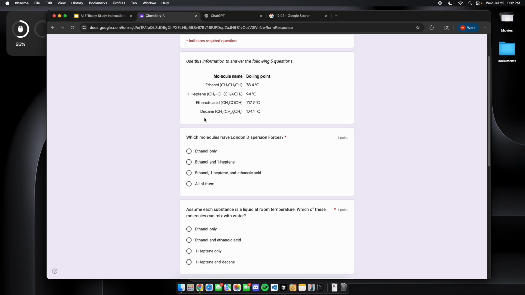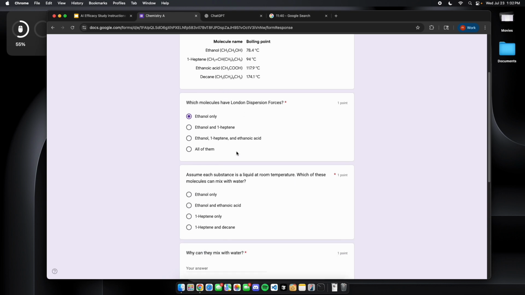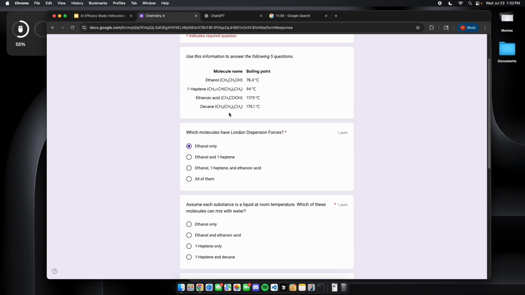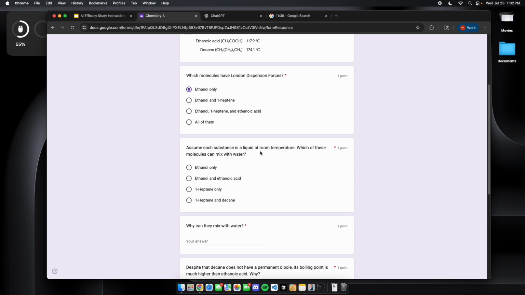Maybe I'll go with ethanol since it seems like it's the one outlier that's not very close to these other molecules. Assume each substance is a liquid at room temperature.